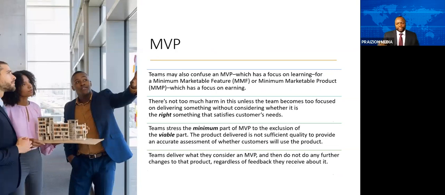No, we're talking about delivering something to the customer, the minimum value we can deliver to get the maximum knowledge back. So teams deliver what they consider an MVP, and then they don't do any further changes to the product. That is a bad practice of MVP. No, we want to continue to improve.